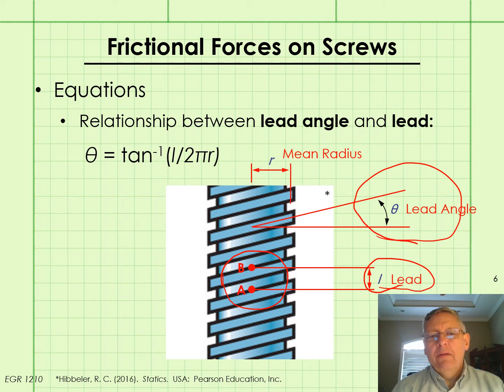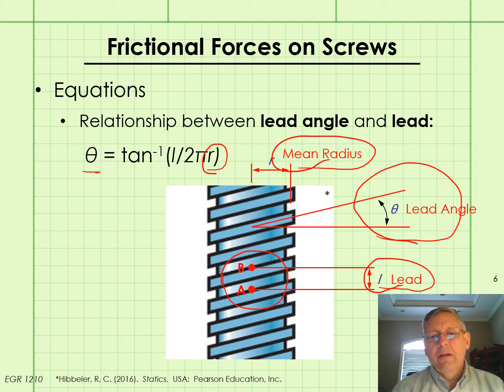Now, the lead angle theta can be expressed as a function of l, the lead, and r, which is the mean radius of the screw, which will usually be given in the problems involving screws. It might be given as the mean diameter, in which case you just divide it by 2.